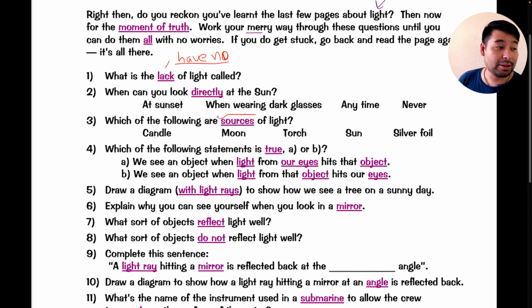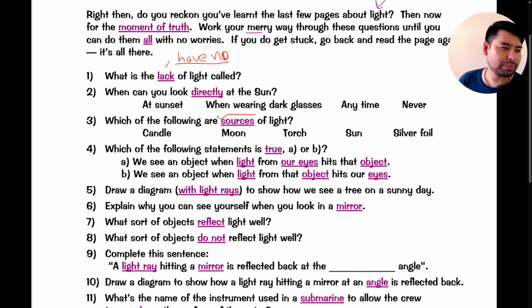So: candle, moon, torch, sun, silver foil. Again, candle, moon, torch, sun, silver foil. So which one? Be careful, again, because it's a trick question. Which of the following are sources? So probably we have more than one answer, right?